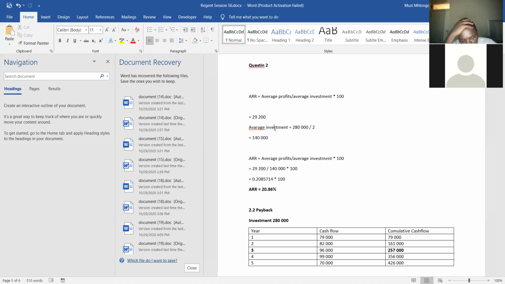Yes, and then from there you need to proceed and calculate the average investment. So I understand how you get the cash flow or the net profit now, for calculating the average rate of return.